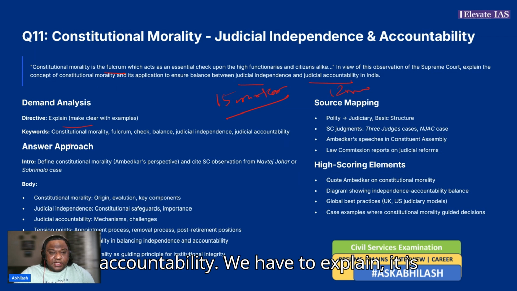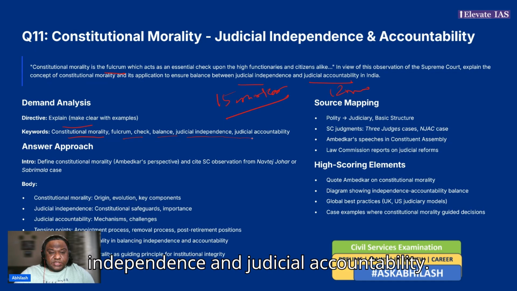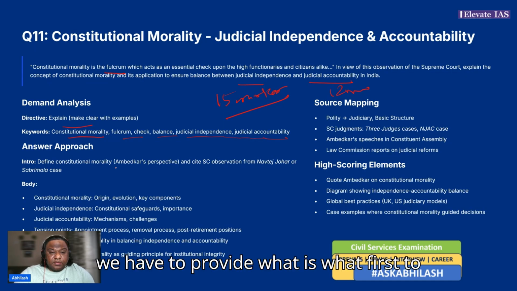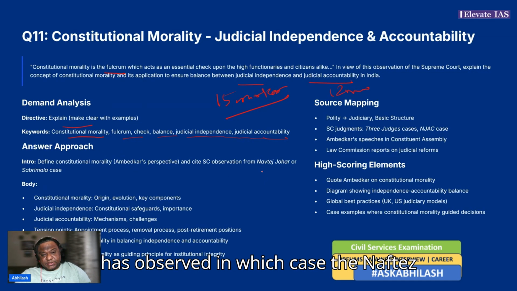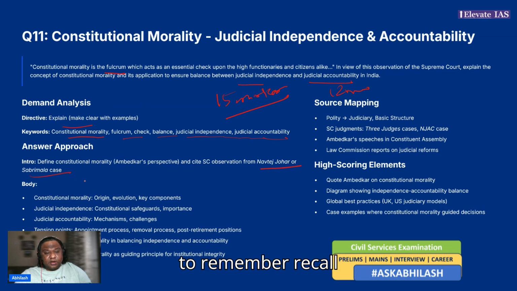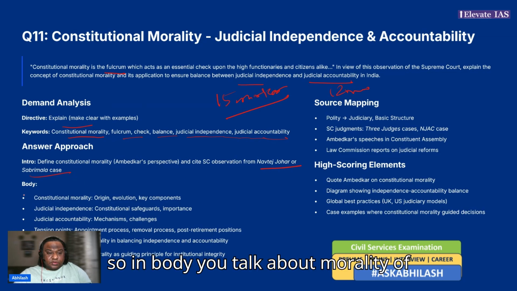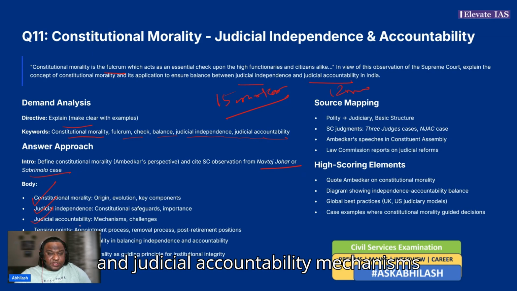We have to explain; it is asking keywords: constitutional morality, fulcrum, check, balance, judicial independence, judicial accountability. We have to first define it, and then what the SC has observed in which case. So the Navtej Johar versus Sabarimala case, that you have to recall. So in the body, you talk about constitutional morality, then judicial independence, then judicial accountability mechanisms and challenges.